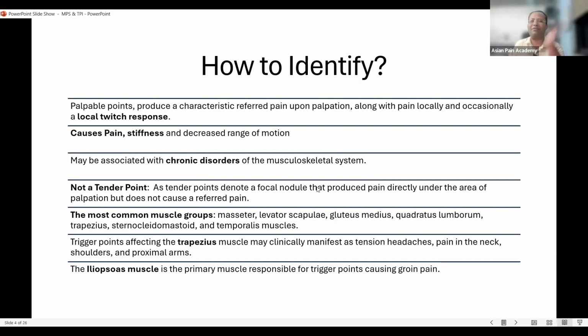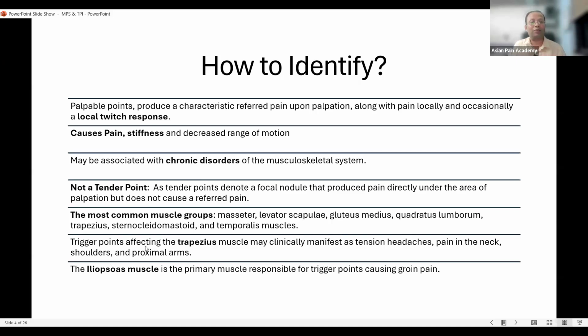Otherwise, of course, in fibromyalgia, tender points are there everywhere in the whole body, right side, left side, upper half, lower half. But trigger points are a myofascial pain, and a specific group of muscles is involved, not the opposite side, not at a distance. The most common muscle groups are masseter, levator scapulae, gluteus medius, quadratus lumborum, trapezius, sternocleidomastoid, and temporalis.